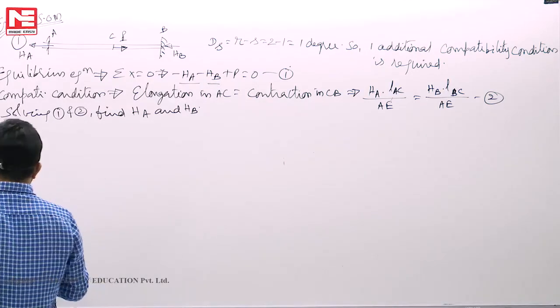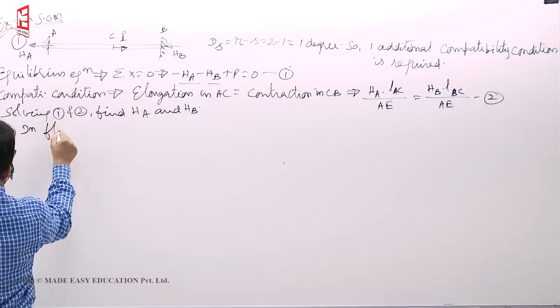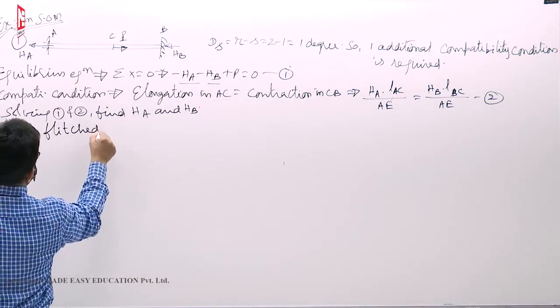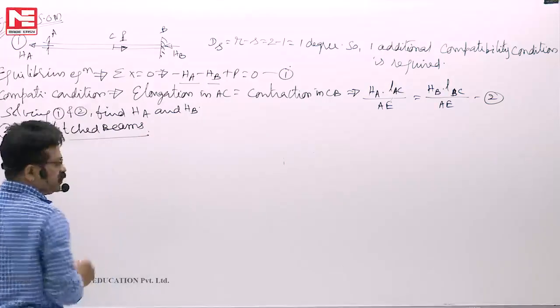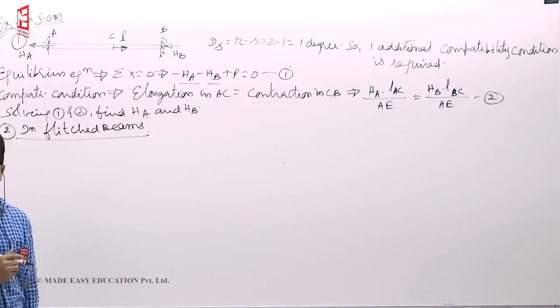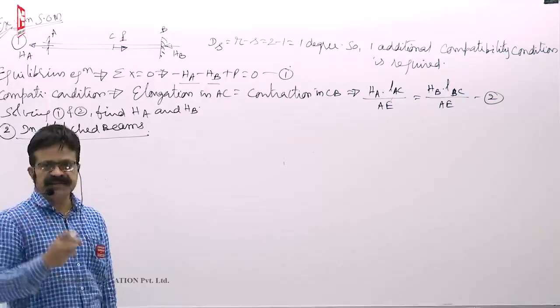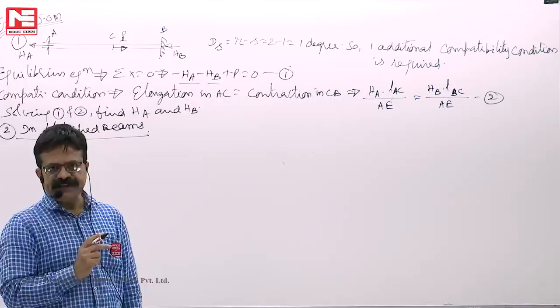Then, second one, in flitched beams, in the theory of simple bending, after that the bending stresses chapter when you studied, flitched beams you have studied. Flitched beam means a beam of two different materials.